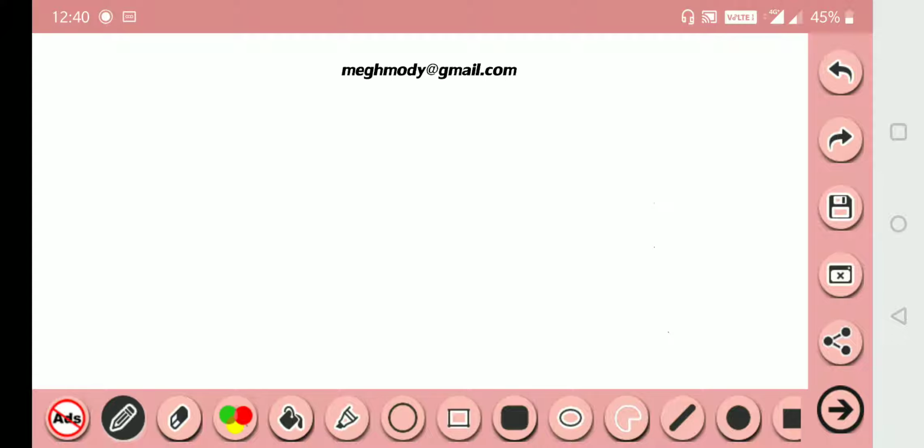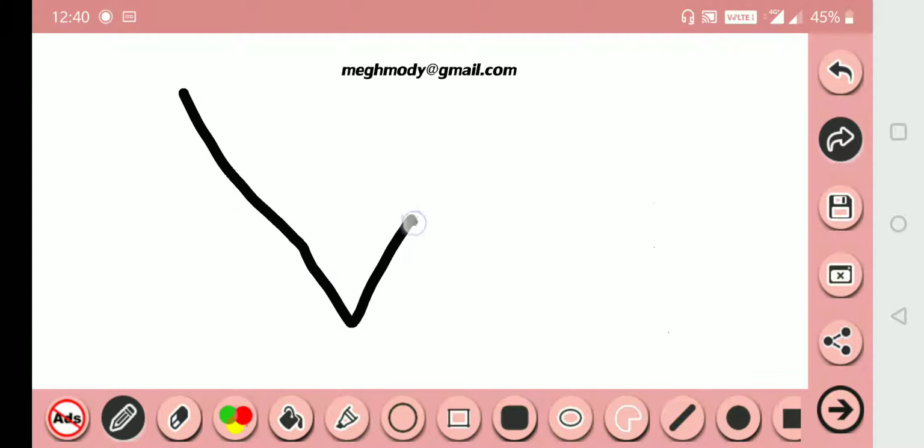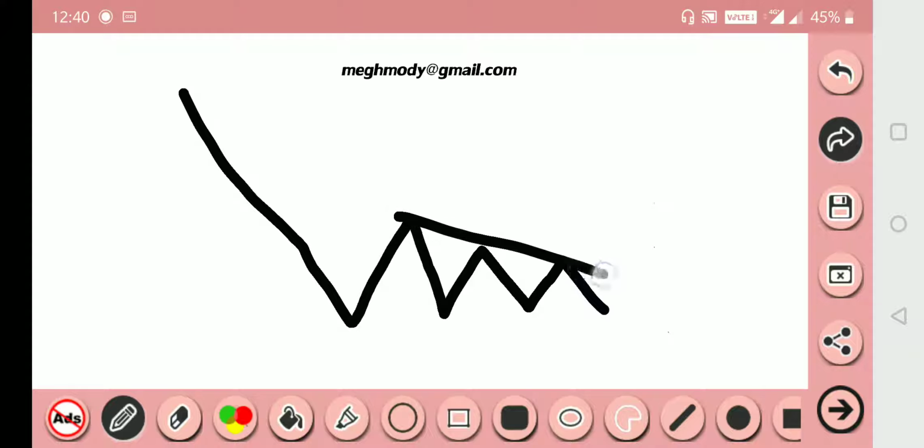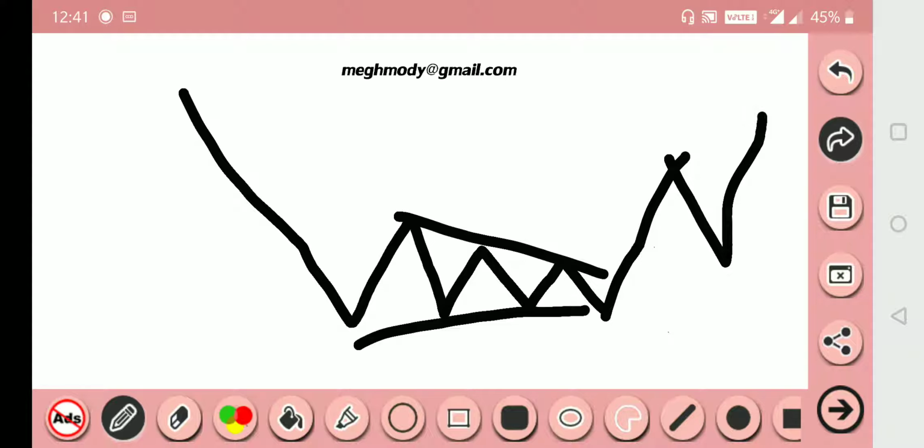Let us understand how a reversal pattern happens. Say for example, if the market is falling down and then you find something like this, you draw it and then you wait for the upper trend line to break, and then it moves up, forming higher highs and higher lows. So this is how a reversal happens at the bottom.